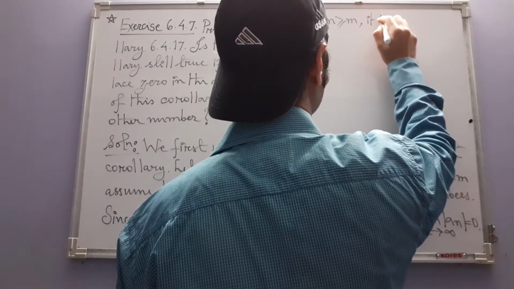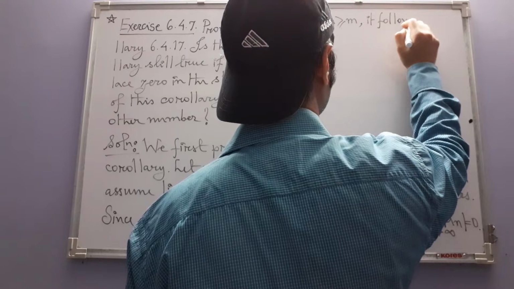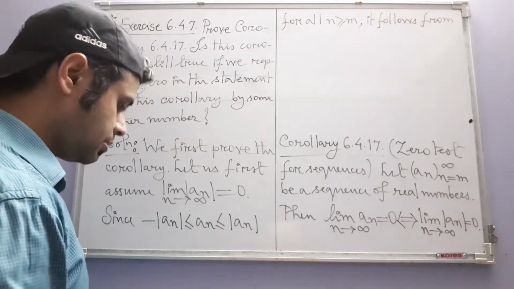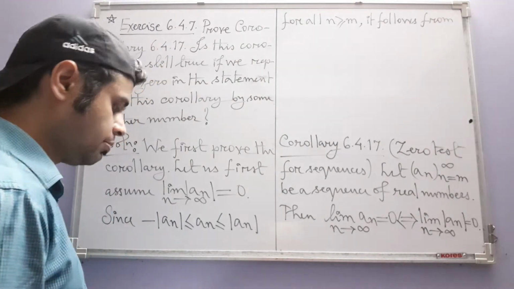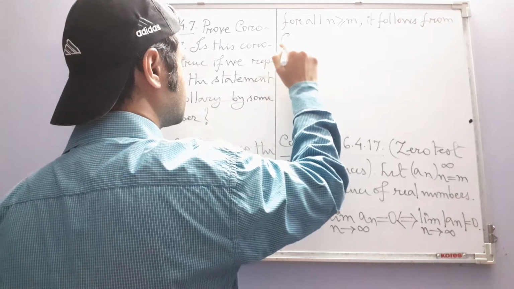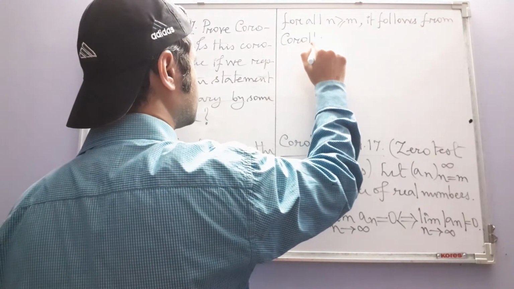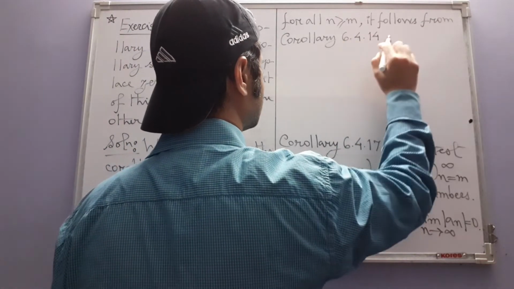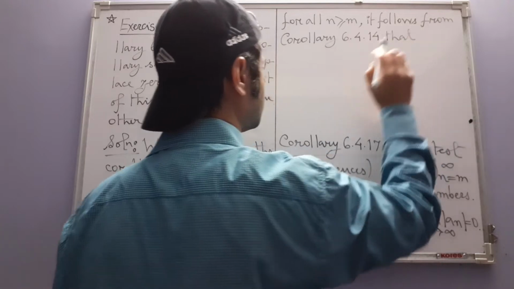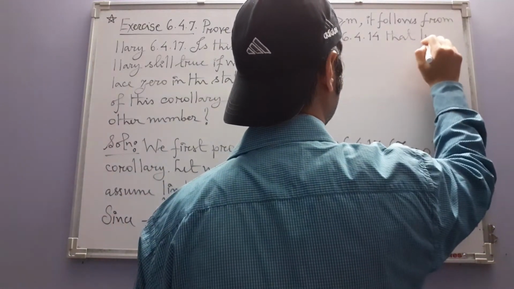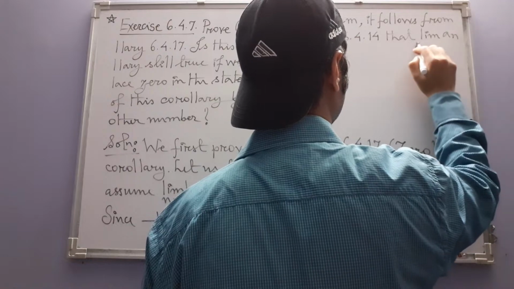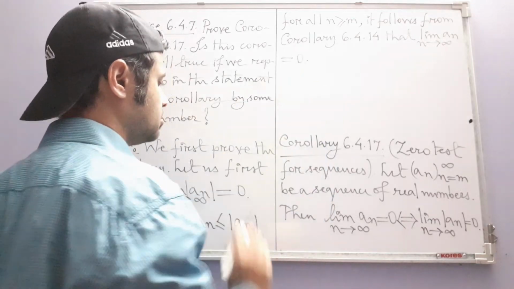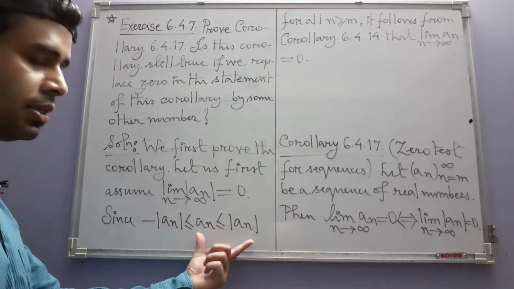It follows from the squeeze test, which is corollary 14, that this limit exists and is equal to 0, because we have these inequalities.